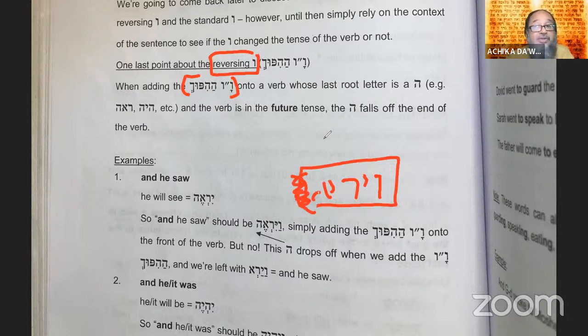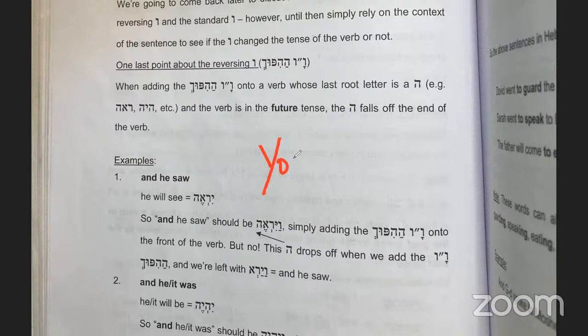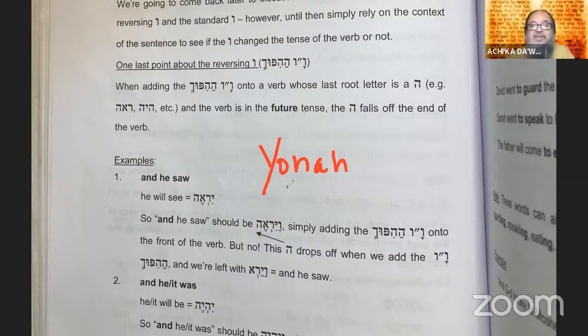It's just the rules. So based on our lesson that we had last week, what's the name of the prophet that you and I are supposed to remember? Yonah. And so Yonah for us is letting us remember that the yod, the wa, the noon, and the hey, these four letters are what they call weak letters.